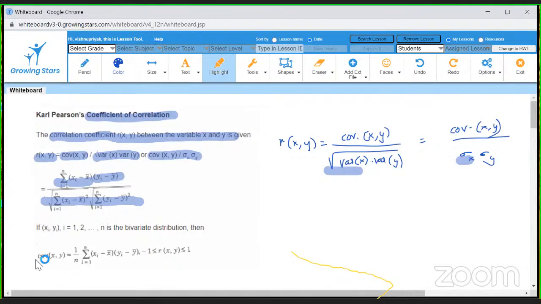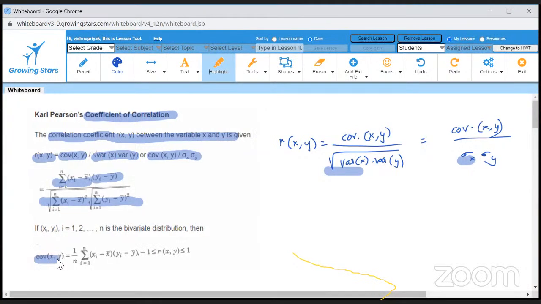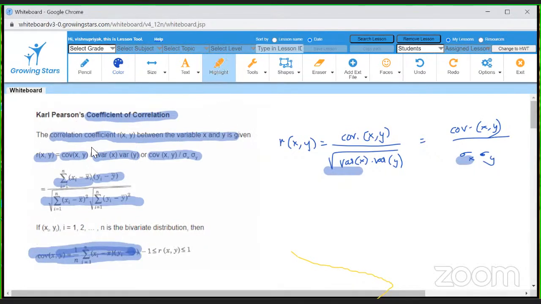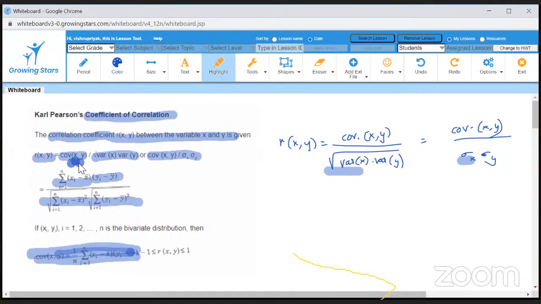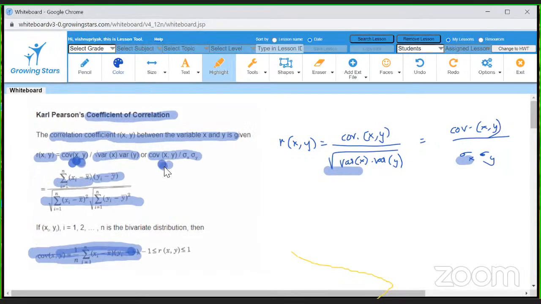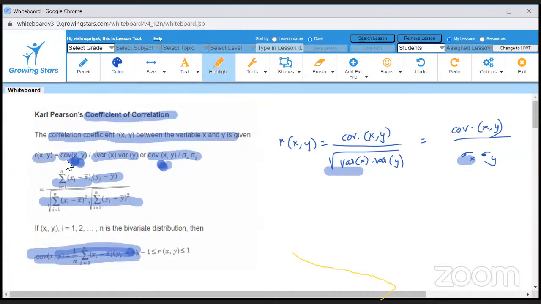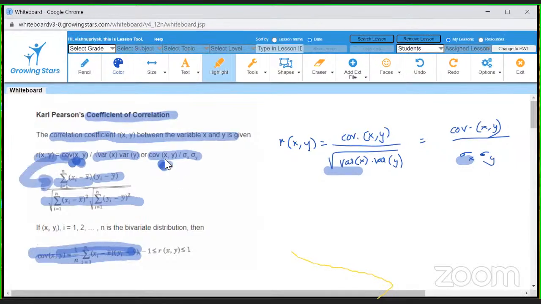Or this formula is also given: covariance of x comma y, what we have learned just now, is the numerator.